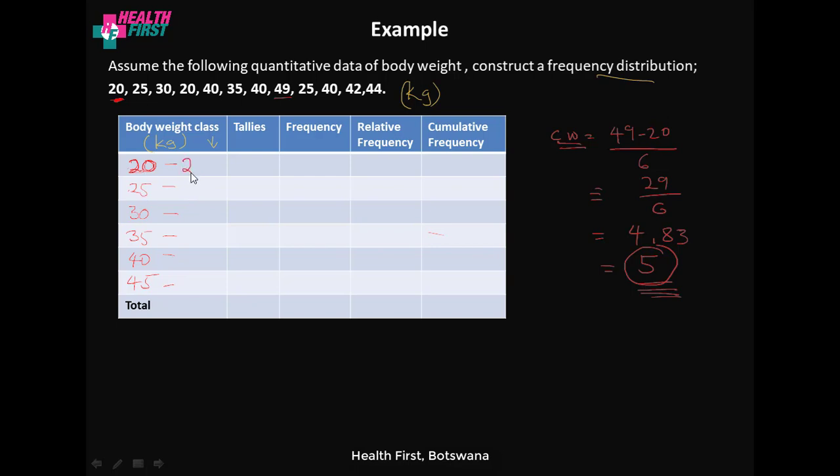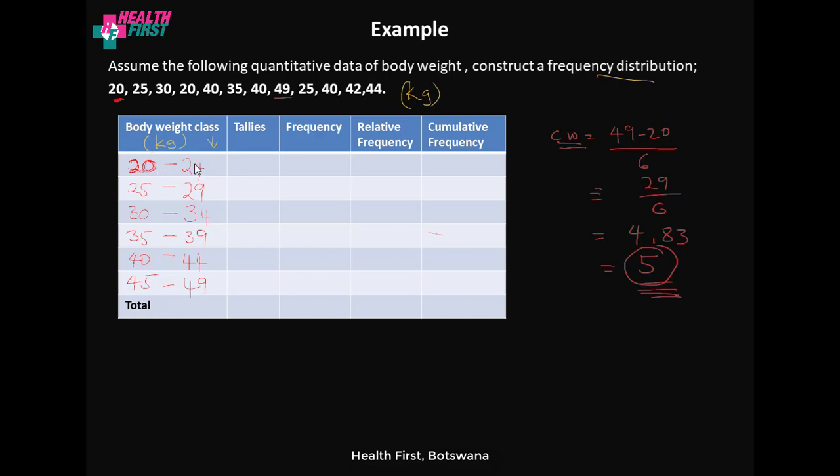So we would have 24, right? 24 plus 5 is 29. 29 plus 5 gives us 34. 34 plus 5 gives us 39. 39 plus 5 gives us 44. And then 44 plus 5 gives us 49, right? So we have our 6 classes, all with a class width of 5.